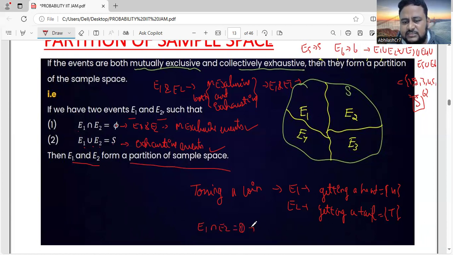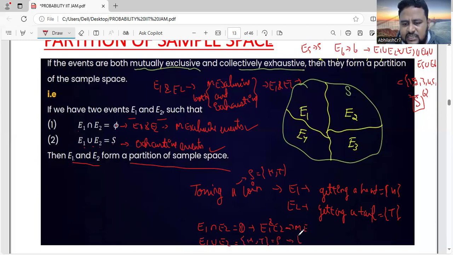So E1 and E2 are mutually exclusive events. And E1 union E2: tossing a coin, what is the sample space? The sample space is head, comma, tail. So E1 union E2 gives head, comma, tail, which is nothing but the sample space.